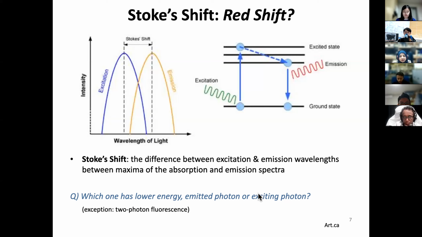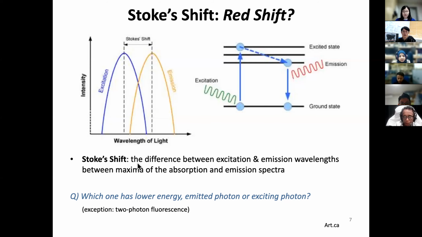Exciting photon. Yes, you're right. In two-photon, that's true, but in general, not two-photon, the emission photon has a lower energy.